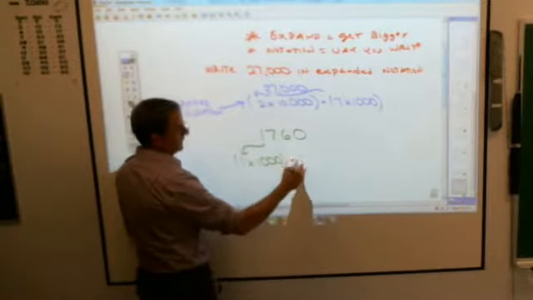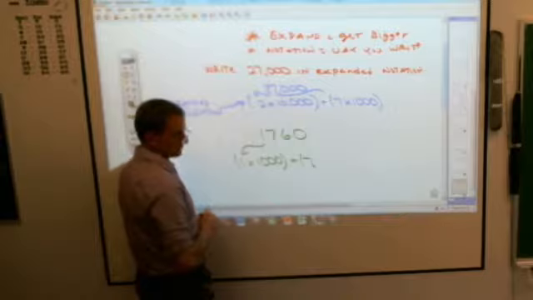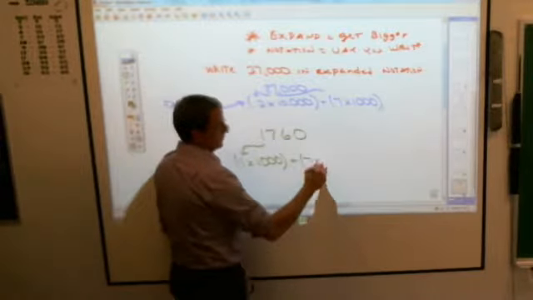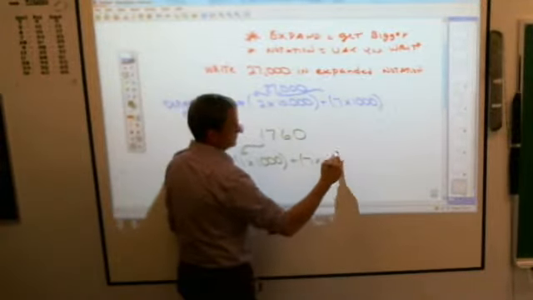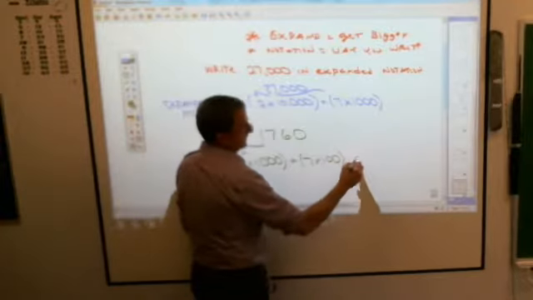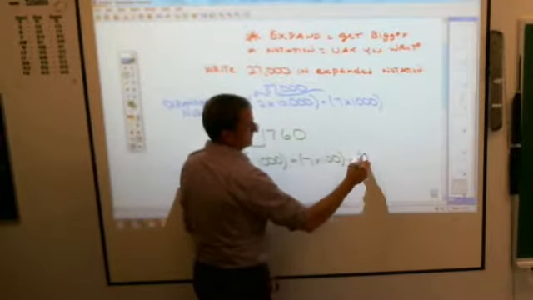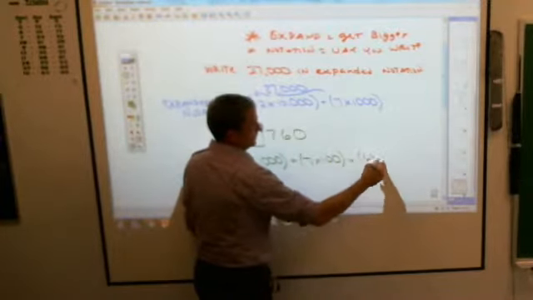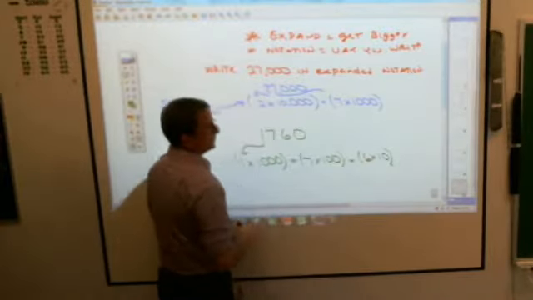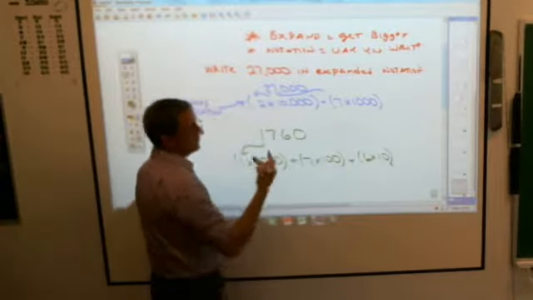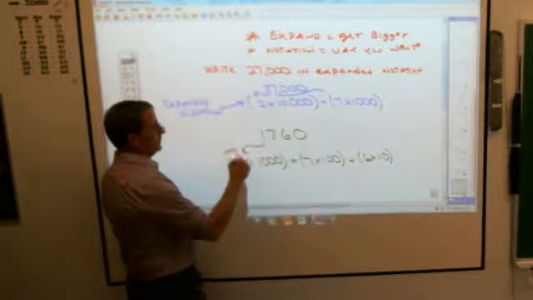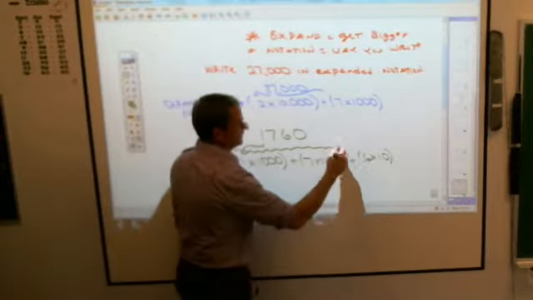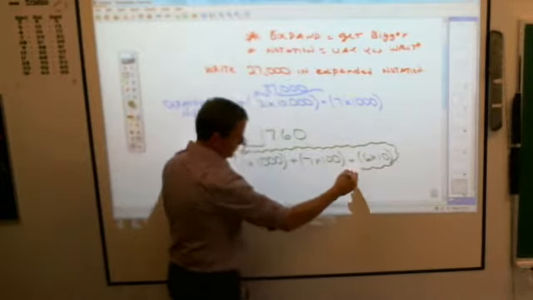To that, I'm adding a 7 in the what place? Hundreds place. To that, I'm adding a 6 in the tens place. And I don't have to put the ones place there, but if I did, it would be whatever times 1. Here, children, is expanded notation.